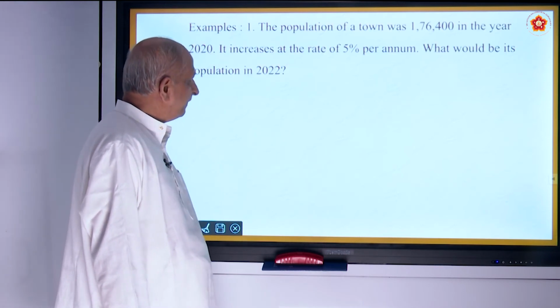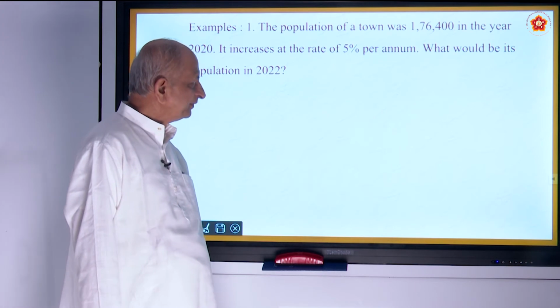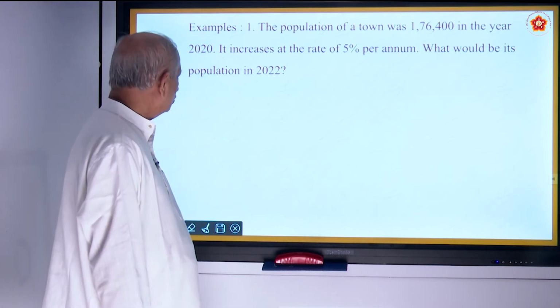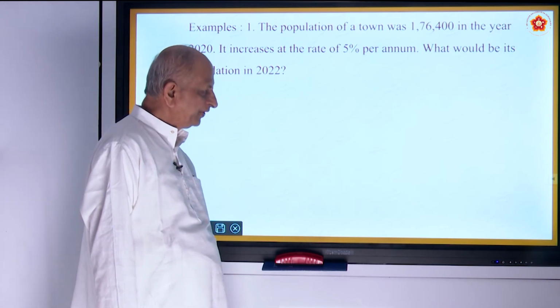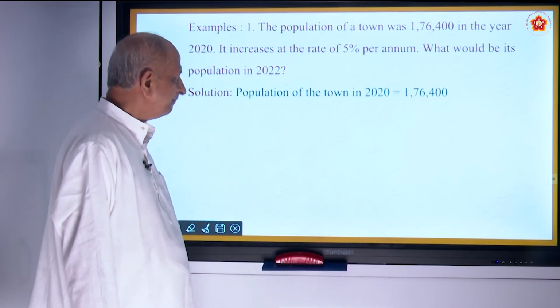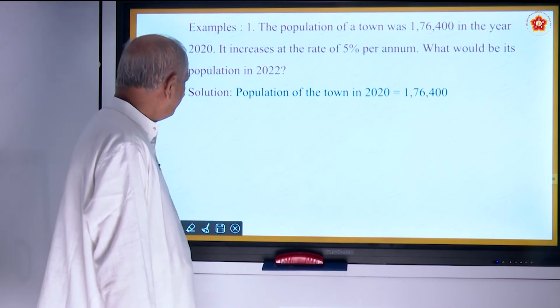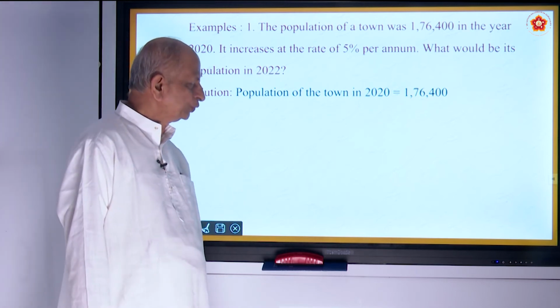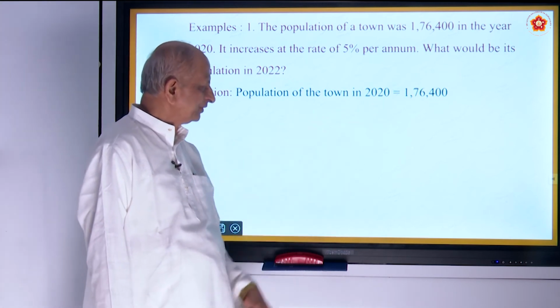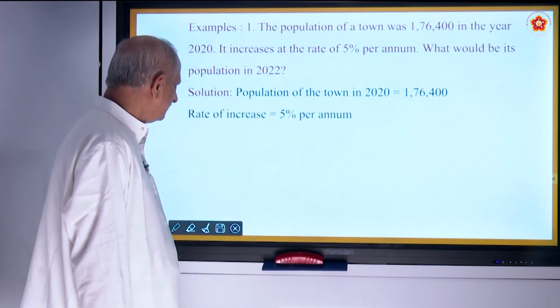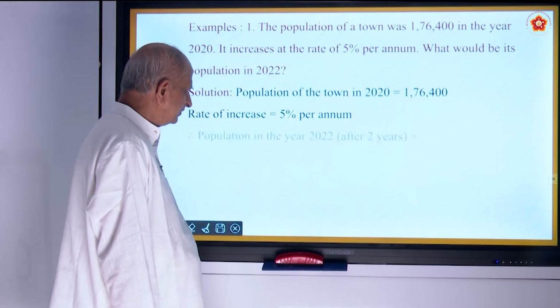For example, the population of a town was 1,76,400 in the year 2020. It increases at the rate of 5% per annum. What would be its population in 2022? So it was so much in 2020, and there is an increase of 5%.